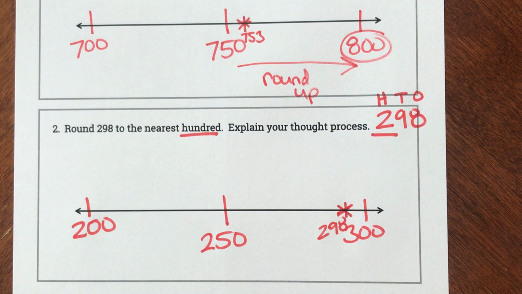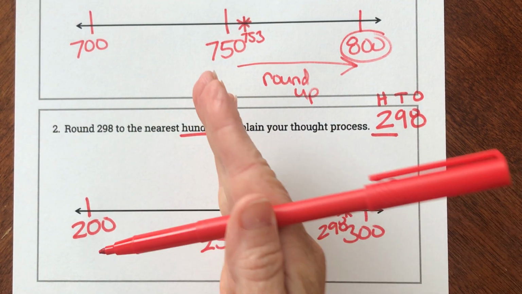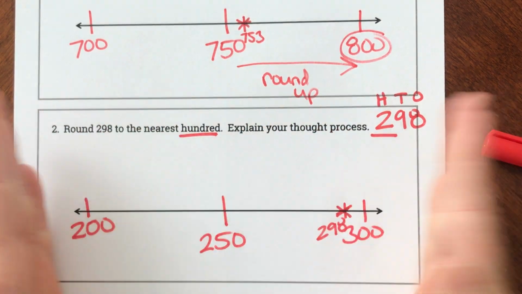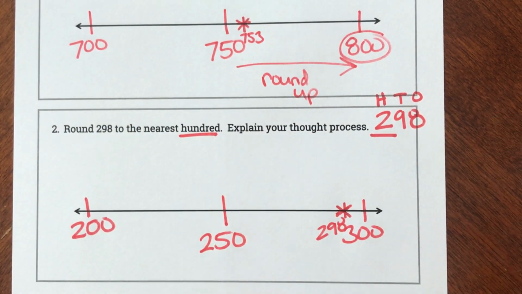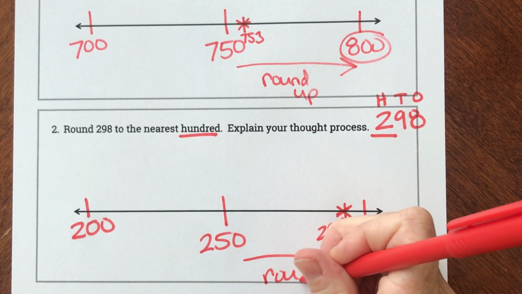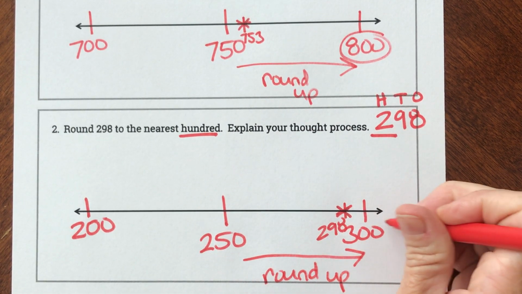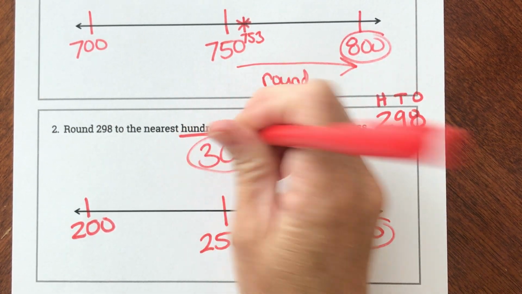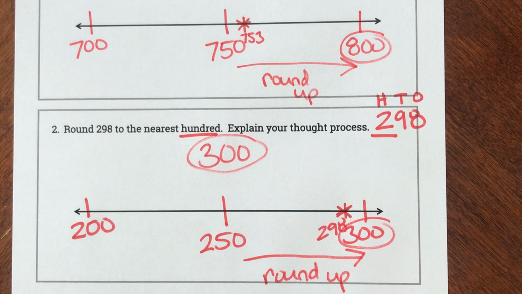So what that tells me is, because it's on this side of the number line, remember it's cut in half, there's two sides, so since it's on this side, I'm also going to round up, and my answer is going to be 300.